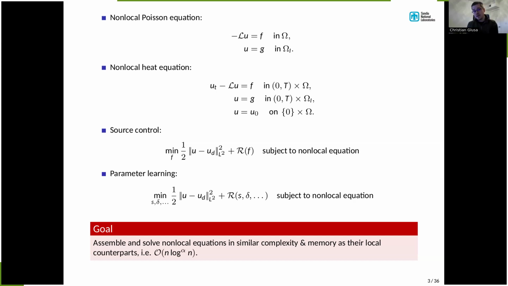And so at the end of the day, if you want to convince any engineer to finally actually use these types of methods, then you really cannot convince them unless the complexity and the memory usage of these methods match what you would get for a classical PDE type model. So something that scales like order n log n, but there might be some different power law or some different exponent on the logarithmic term, but effectively you want something that more or less scales linearly.